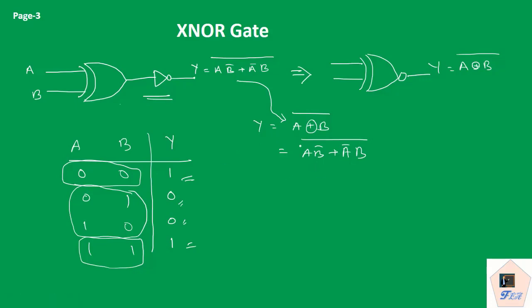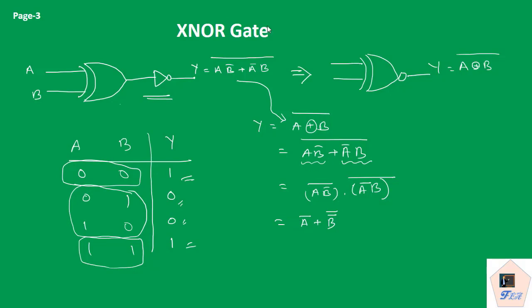Now if we apply De Morgan's theorem, considering this as our A and this as our B, De Morgan's theorem says that (A B bar) whole bar dot (A bar B) whole bar. So now further, (A B bar) whole bar means A bar plus B bar. Now here B bar is already B bar, so we are getting it as B double bar.